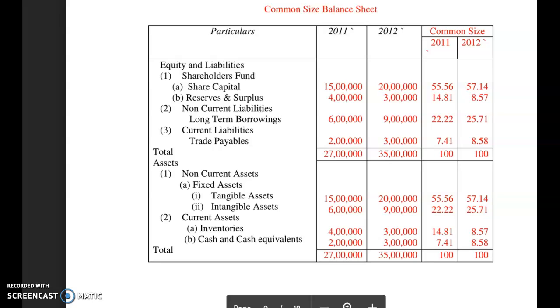Now, how will the individual percentage be calculated? We will take a very simple base that 27 lakh is equal to 100. Now, for the individual item, say for example, the share capital for 2011 is 15 lakh. How will we convert it into percentage? In junior classes, you had learned a very simple method known as the unitary method.